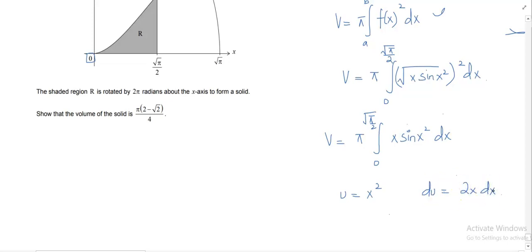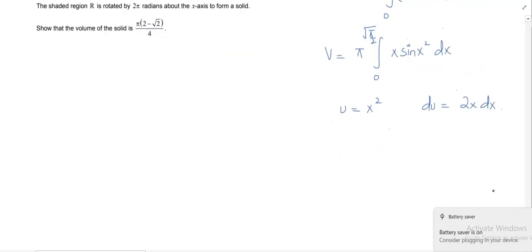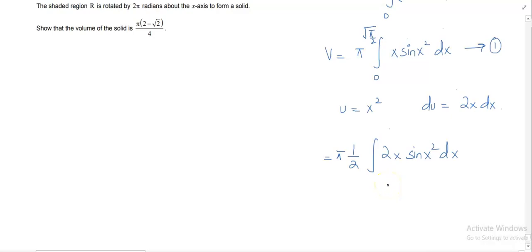Now for integration by substitution, I will multiply and divide by a 2, so I end up getting 2x sine of x squared dx. What I'm doing over here is multiplying and dividing my x sine of x squared by 2 so that the balance of the equation remains the same.